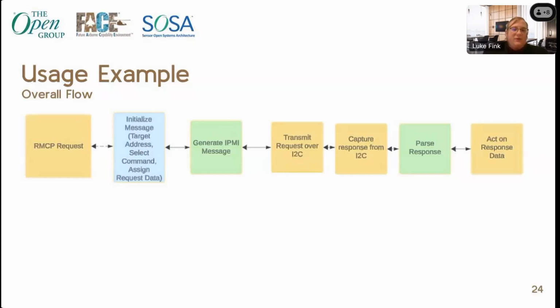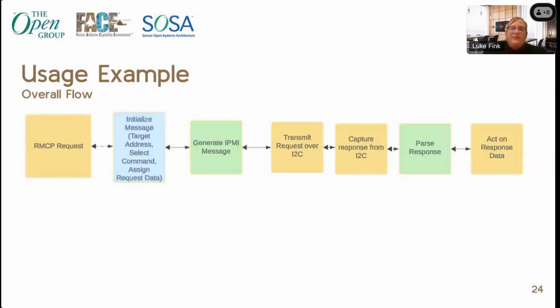So if you receive an Ethernet or RMCP message over LAN, the UDP packet, you would be able to parse that out in the library and then generate an IPMI message to send over that I2C interface. But the actual transmission of that message over the interface would have to be implemented per hardware target.